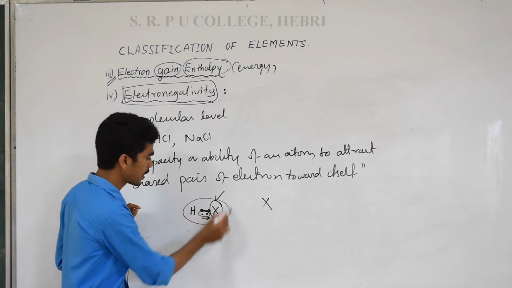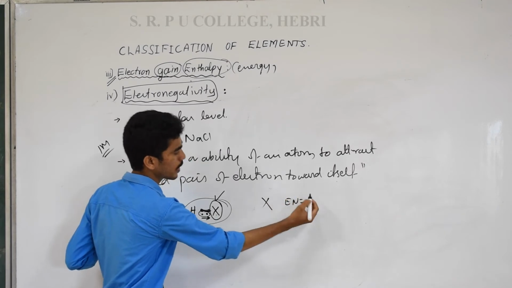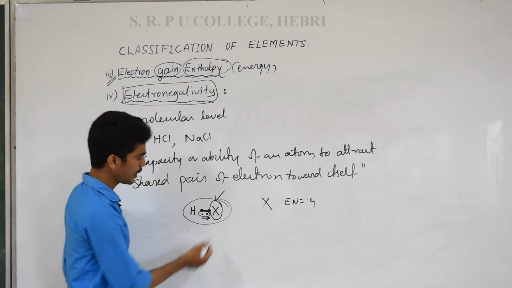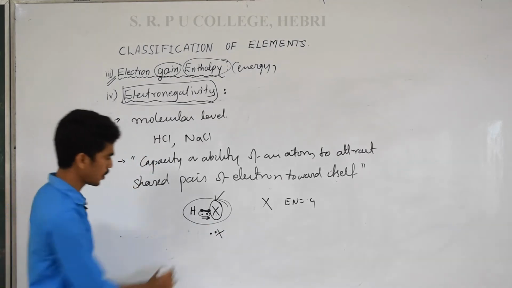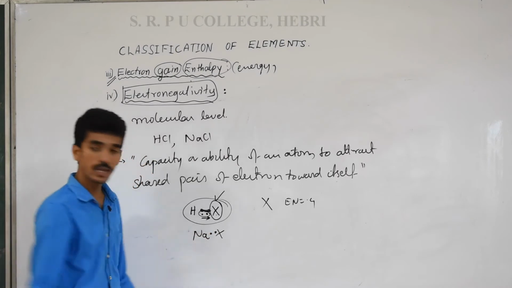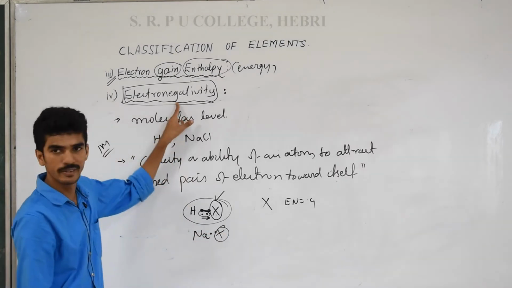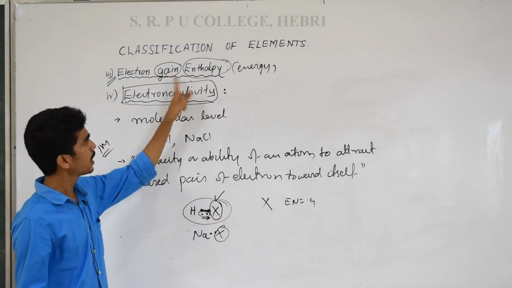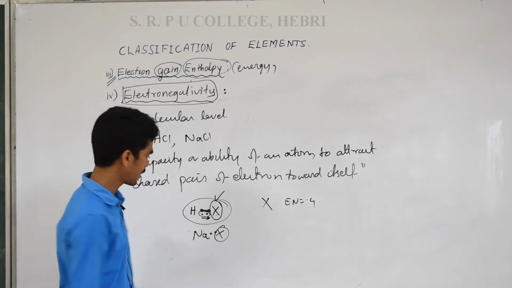Once it is HX, it has particular electronegativity values, say 4 or whatever. And if the same X is bonded with some other atom like Na, it will have a different electronegativity. One thing is sure: electronegativity is not fixed, but electron gain enthalpy and ionization enthalpy have fixed values.